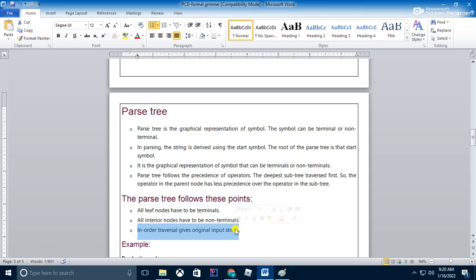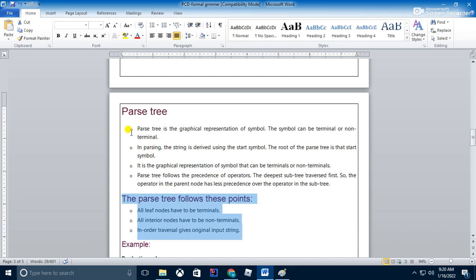And if we perform in-order traversal on the parse tree, it will give the original input string. So in this way the parse tree has to follow certain rules. Based on those rules we are going to find out whether that parse tree represents the grammar or not.